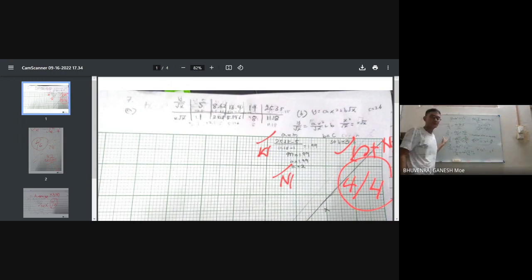y over square root x equals ax squared over square root x plus b square root x over square root x. So to make this form of equation more apparent, you can go further and leave it at this part so that you can see a clear form of y equals mx plus c. Because if you leave it here, you can see y. Here you can simplify further.